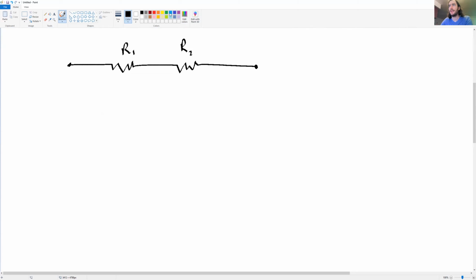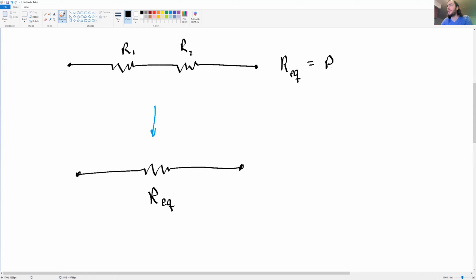And we want to replace these two series resistors with a single resistor, namely the Req resistor, like so. And the way we do that is the equivalent resistance that replaces R1 and R2 is simply equal to the sum of the resistances of those two resistors. So R1 plus R2.